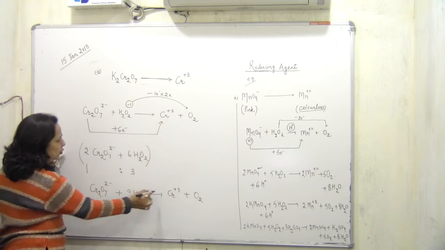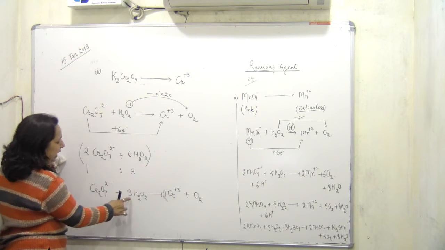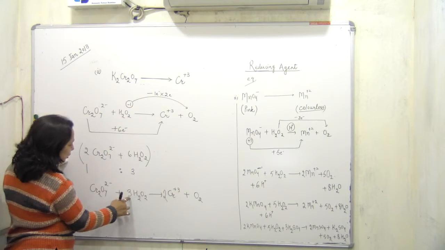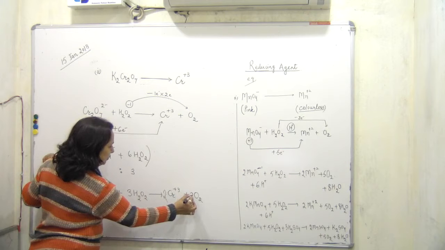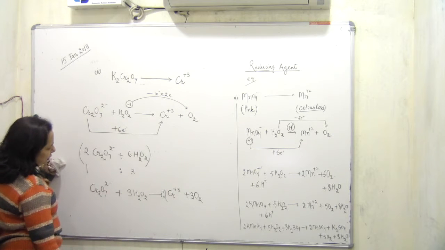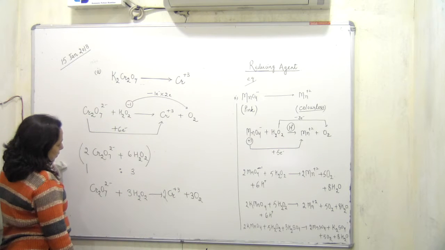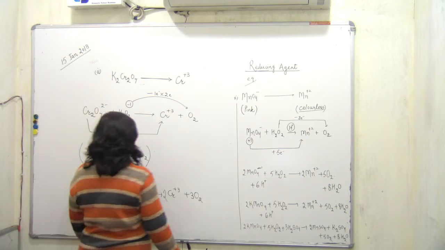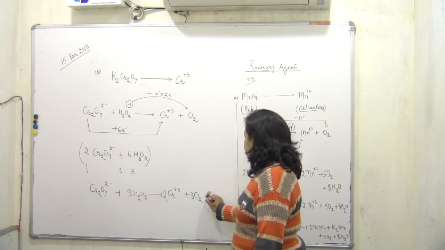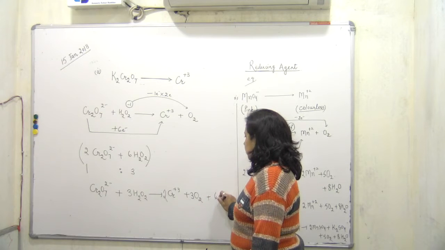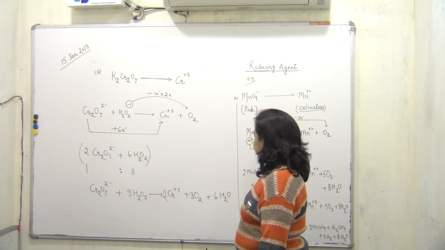Balance this reaction: 2 chromium balanced. Hydrogen we can't balance right now. 3 2s are 6 oxygen. Hydrogen atoms can be balanced by adding H positive. 3 2s are 6 H2O.